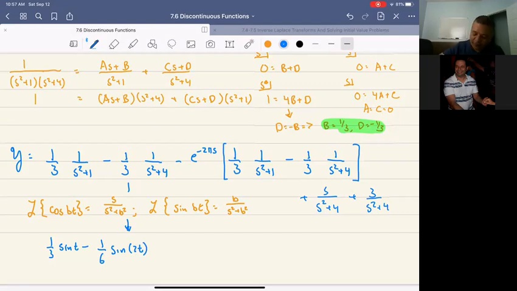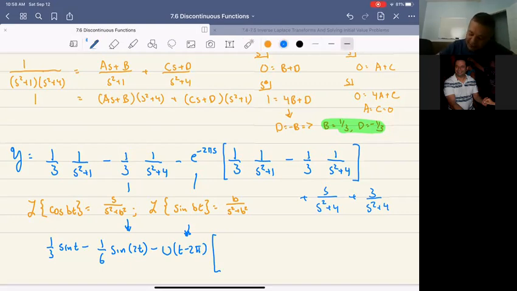Okay, minus u of t minus 2 pi, that's this piece, times. Now I could do this, but remember sine is 2 pi periodic and so is cosine, so I don't need to worry about the shift inside of here.